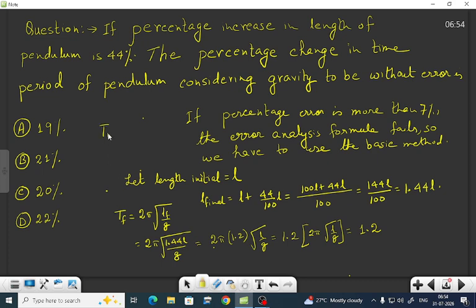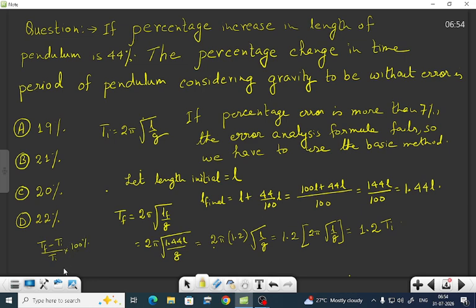The initial time period is 2 pi root over L by g. Here we are getting 1.2 into the initial time period, right? So if we want to find the percentage error, we have to find T final minus T initial, divided by T initial, into 100%.